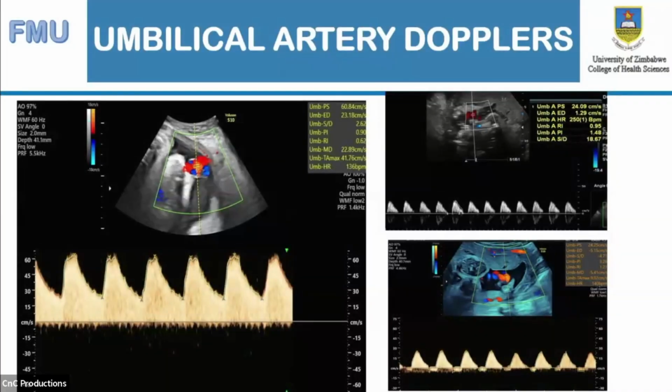Umbilical artery Doppler, I think most of you love this one because it is the easiest. The only downside of it was, when we were taught before I started the fetal medicine training, we were just taught to report the resistive index. To just say the resistive index is 0.88, then full stop.